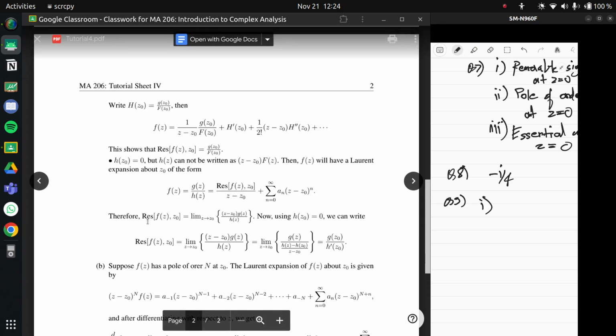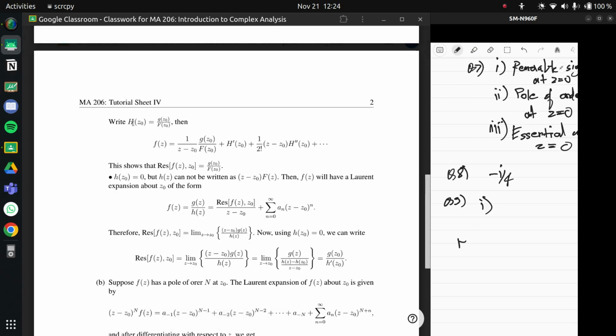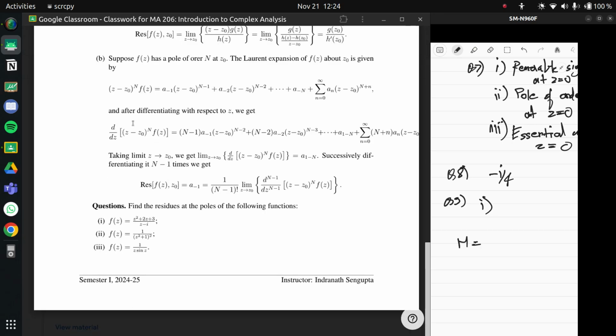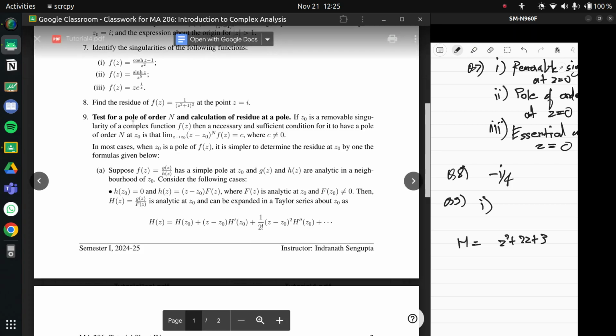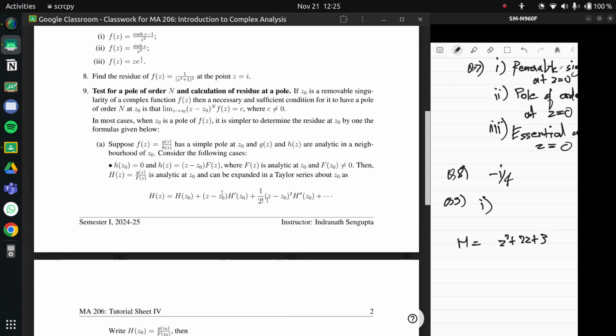So what method are we going for in that case? Your h is the same as g in fact, which is z squared plus 2z plus 3, right? You have written your h thing as z minus z naught times something, f of z, where f is analytic.